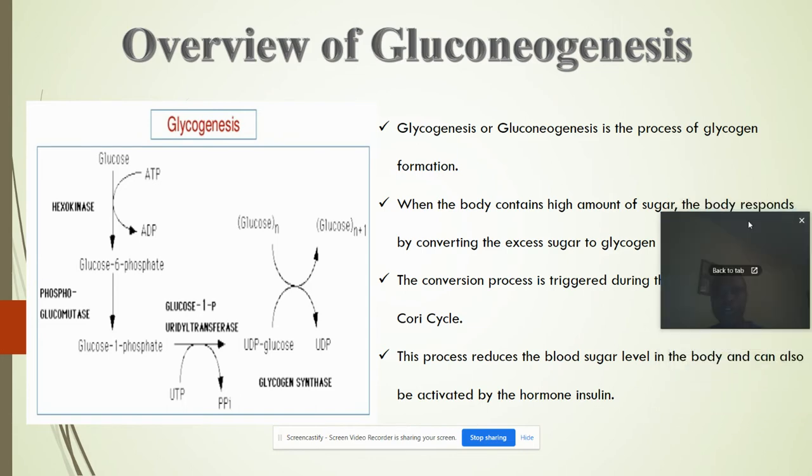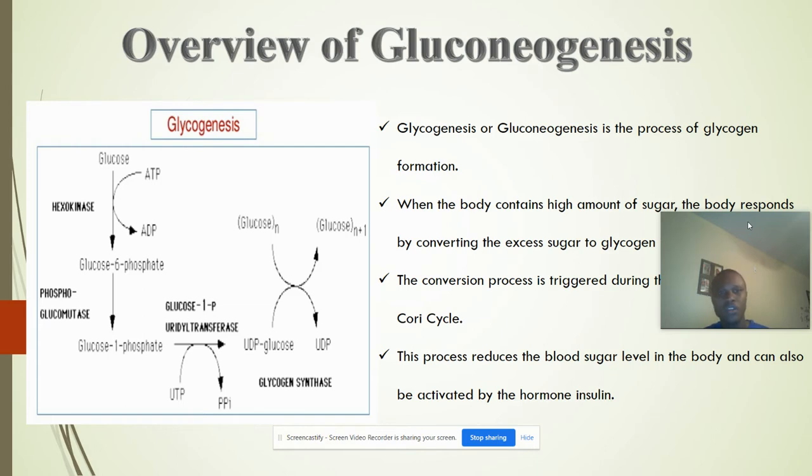After the Cori cycle, this process reduces the blood sugar level in the body and can also be activated by the hormone insulin. If you've ever talked about insulin, these are two pancreatic hormones that work to regulate blood sugar. Insulin is one of the two pancreatic hormones, like glucagon.